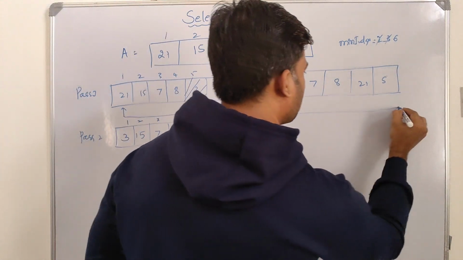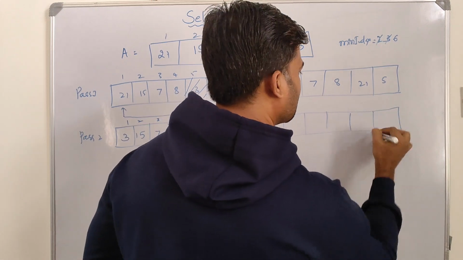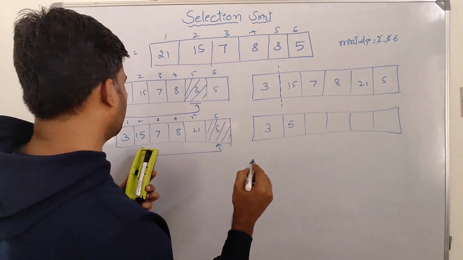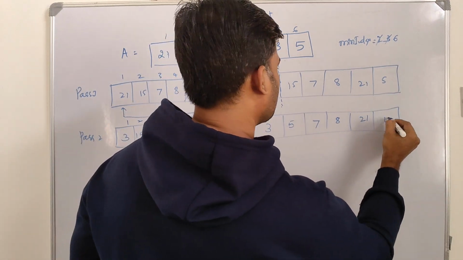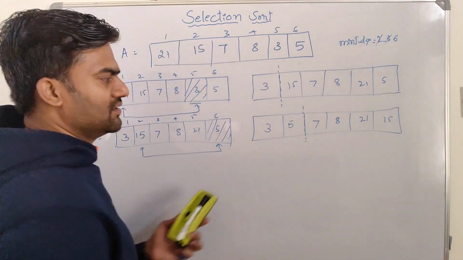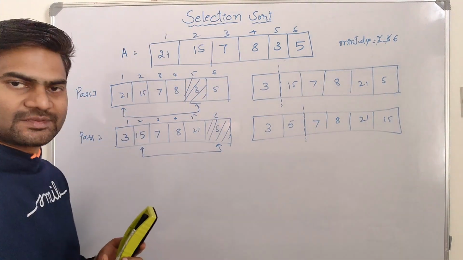So at the end of the second pass, we get something like this: 3, 5, then comes 7, 8, 21 and 15. At the end of the second pass, these elements are sorted and these are unsorted elements.